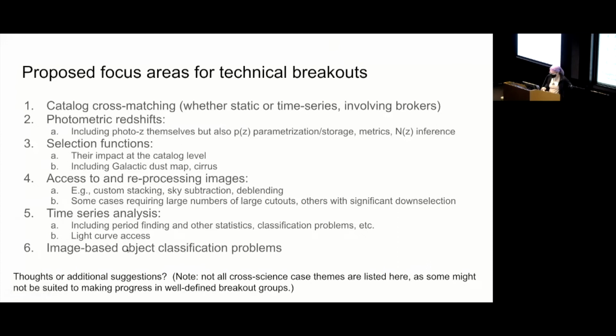This last one is different from the reprocessing, because reprocessing involves redoing some of the basic image processing steps, whereas image-based object classification would be like if somebody wants a lot of postage stamps to run a machine learning classifier on them, but they're not actually reprocessing them. It's more applying a custom algorithm.